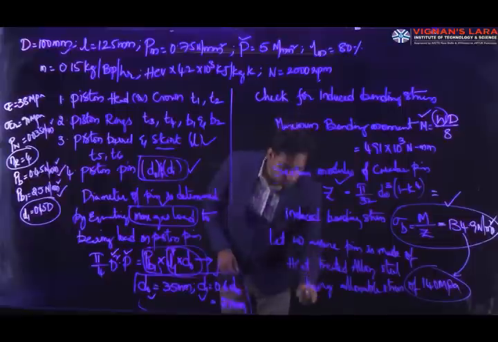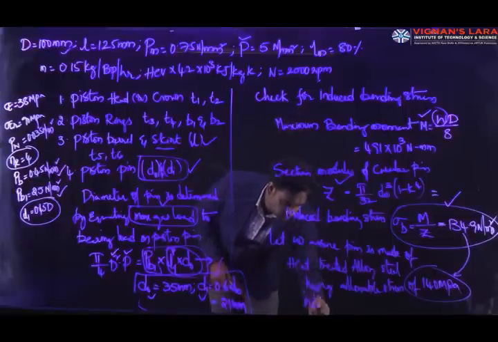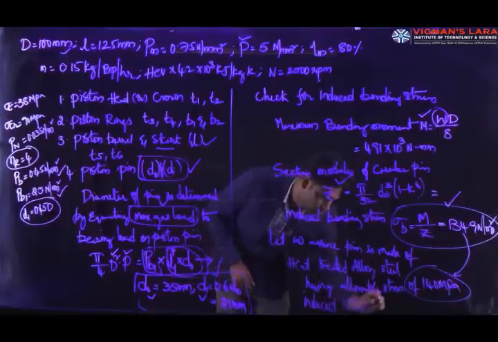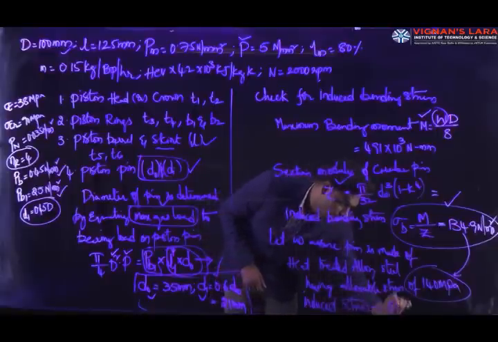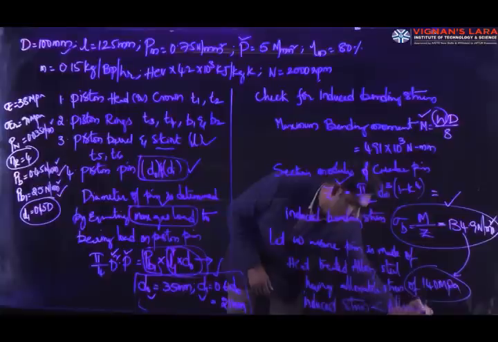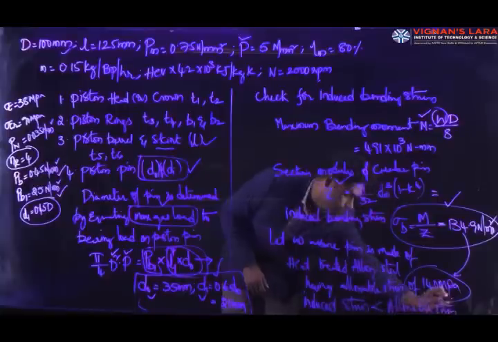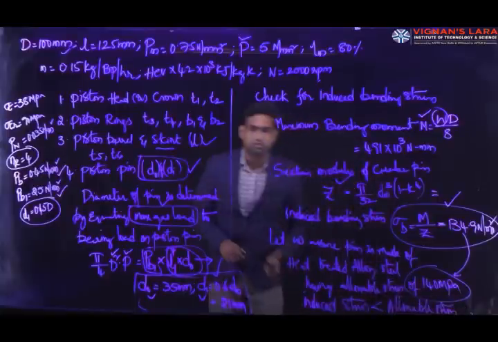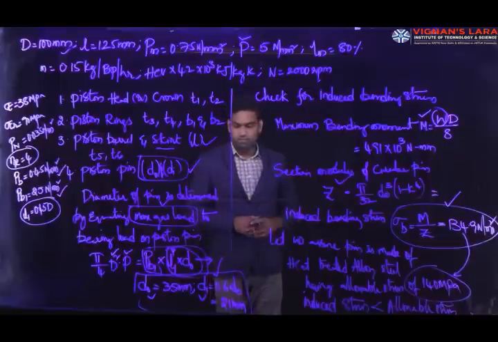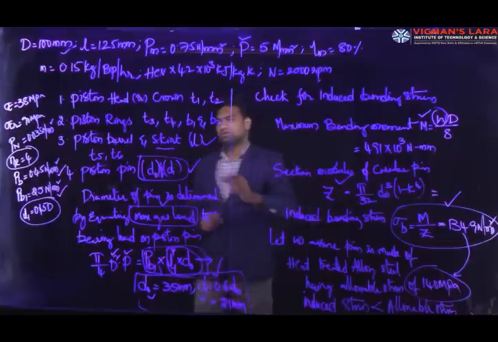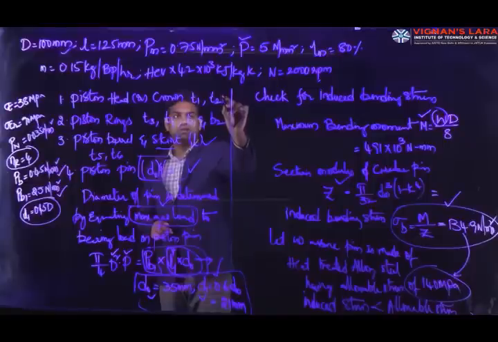So always the induced stress should be less than the allowable stress, then only the design of the pin is safe. Clear? So this is the sequence of the design process that we are going to follow.